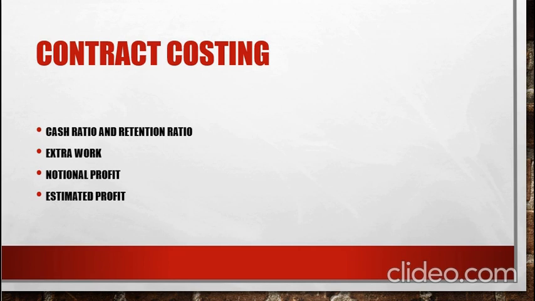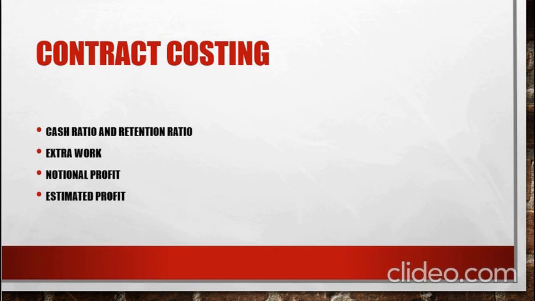So the cash which is being paid by him, that is the 80% or 90% of the work certified, is known as cash ratio. It is the ratio of the amount which is paid by the contractee to the contractor. When it comes to retention ratio, the balance amount which is not paid is known as retention ratio.